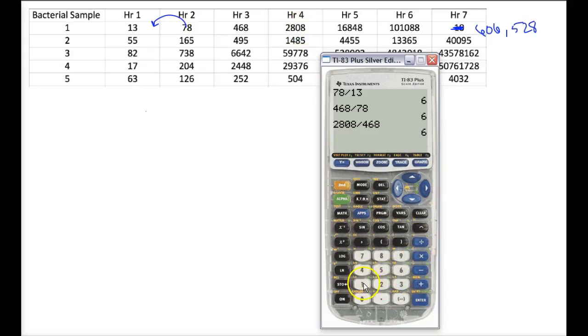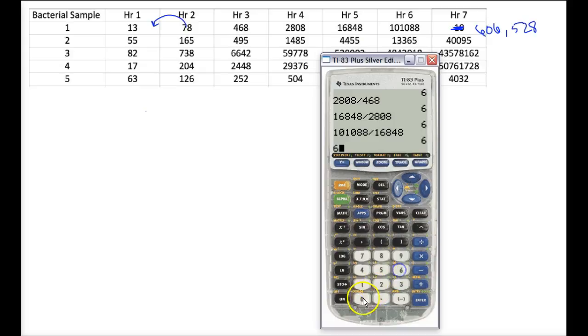And so I'll just go ahead and go through the rest of them to verify. So we do 16,848 divided by 2,808, and we still get 6. And then, of course, the 101,088 divided by 16,848, that's 6.